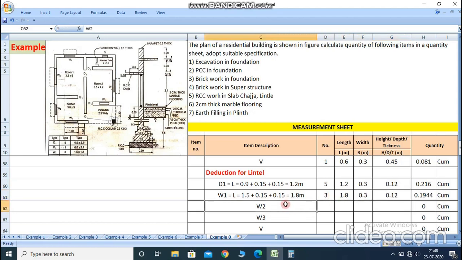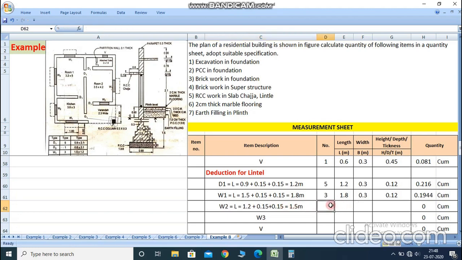Now for window 2, the length from the table is 1.2. So simply 1.2 plus 0.15 plus 0.15 is equal to 1.5 meter length.